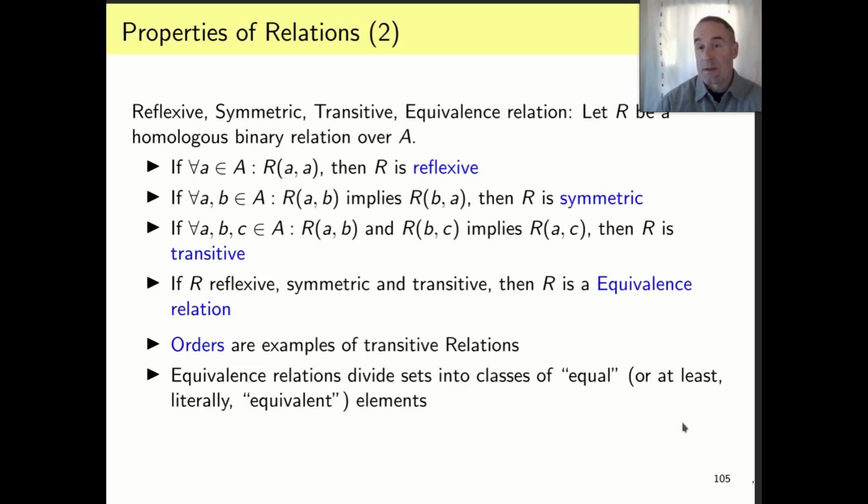Tree structures, for example, are orderings where there's an order between the things at the higher level of the tree compared to the things at the lower level of the tree. And equivalence relationships divide sets into classes of equal elements. However, there are more relations out there that are equivalence relations than just the equals relation, but that's the one that we're all most familiar with.